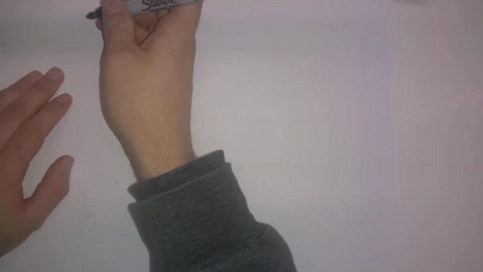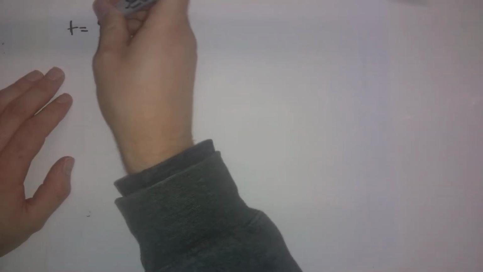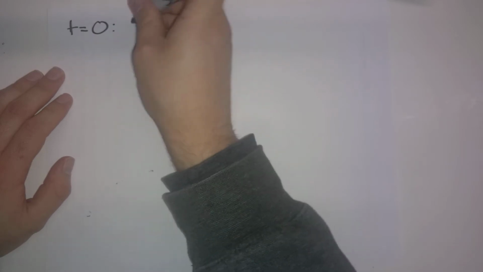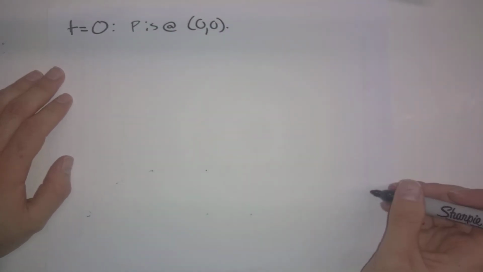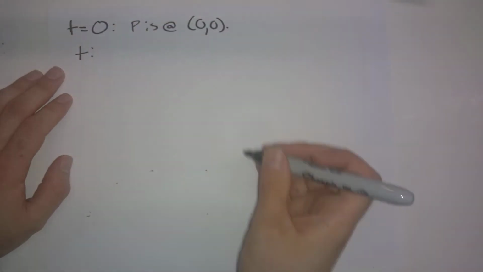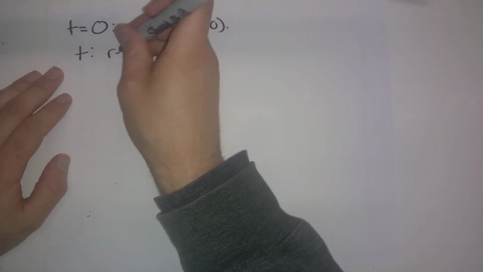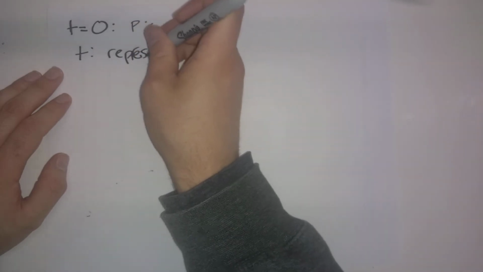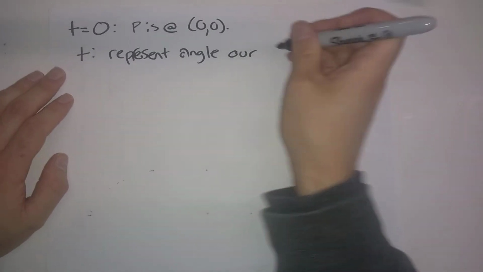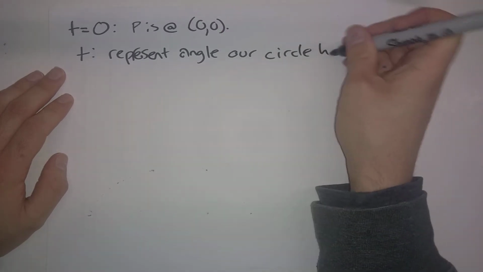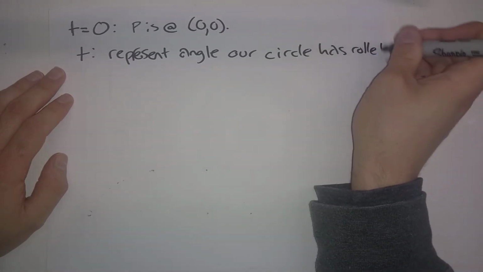At time t equals 0, we're assuming that P is at the origin, 0, 0. T, our parameter, is going to represent the angle our circle has rolled.